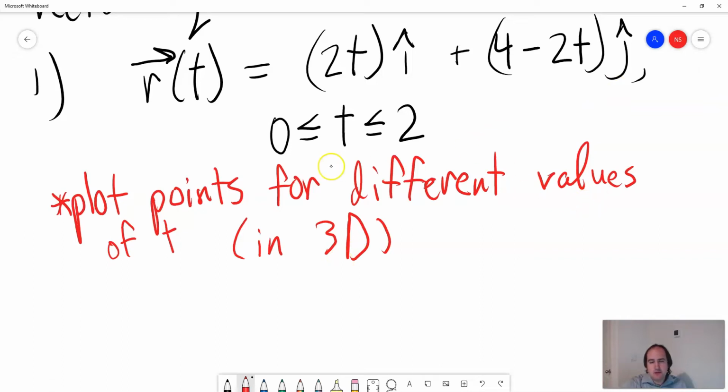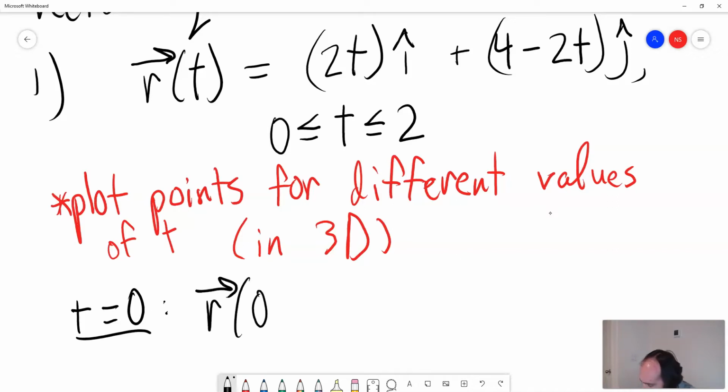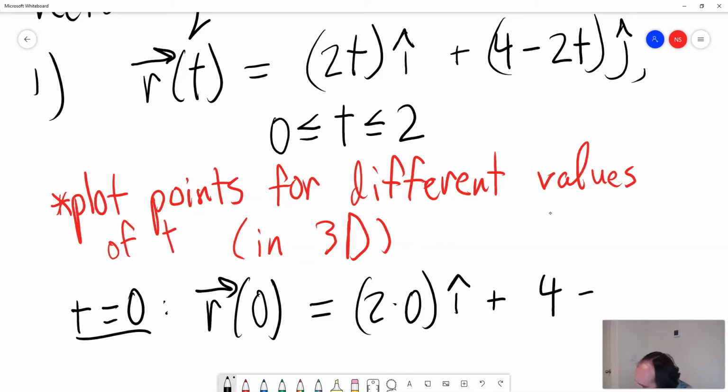We're going to start with t equals 0. When t equals 0, we plug 0 into r of t. So r of 0 equals 2 times 0 i plus (4 minus 2 times 0) j.